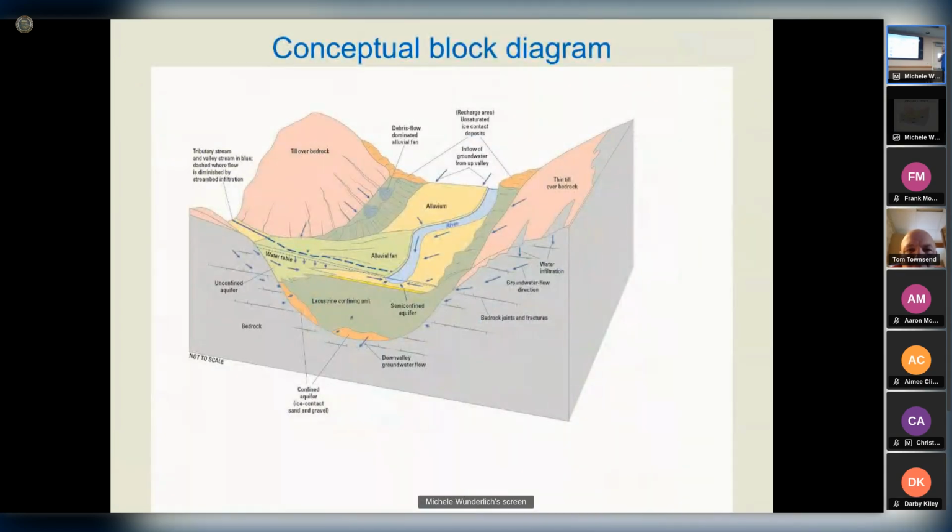Okay, so then just to sum things up, this is a conceptual block diagram within the Owasco Inlet Valley. The lacustrine silts and clays are very thick, and in places they're up on the valley walls and they've been eroded.